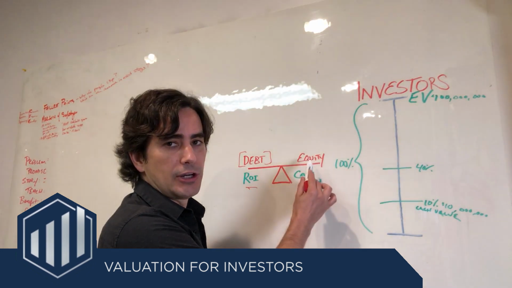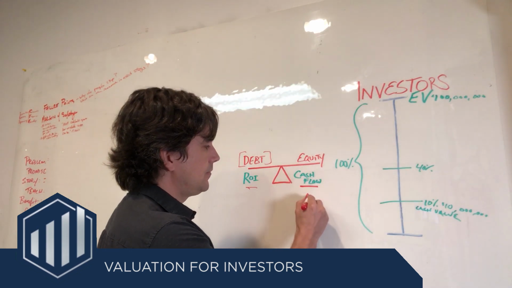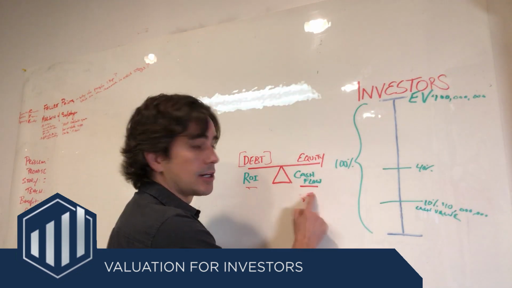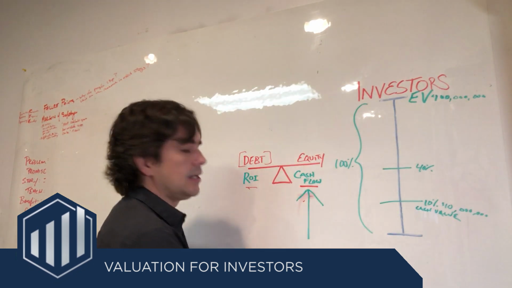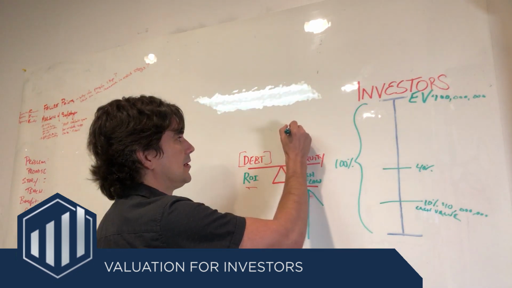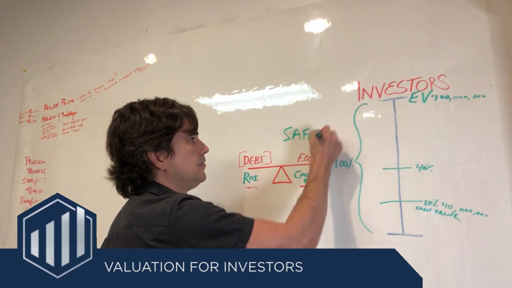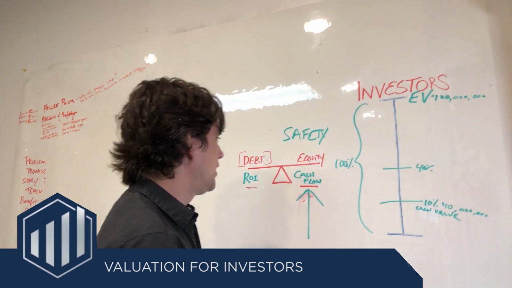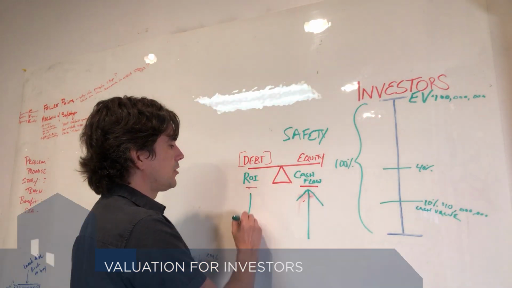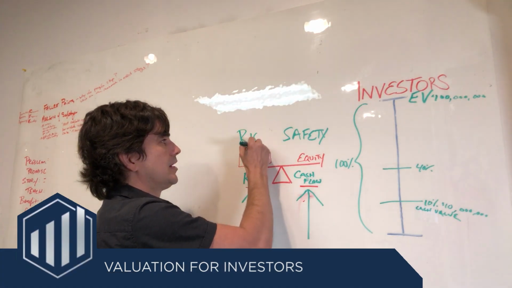So the more equity you put in, the more cash flow you have. I'll use green because we're talking about money, but as you increase the amount of equity, you come up here into safety. You've got much more of a safe place to live and be. And then if you increase your debt, you actually are increasing your risk.